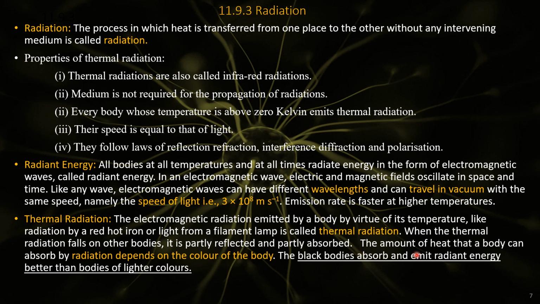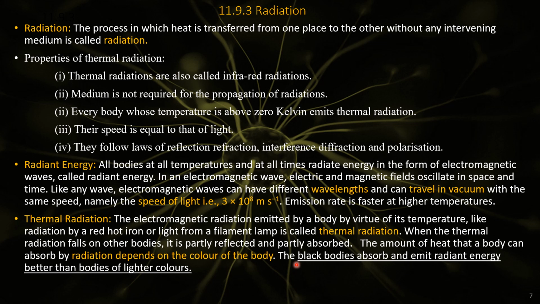The amount of heat that a body can absorb by radiation depends on the color of the body. That means the absorption characteristics of a body depend on its color.